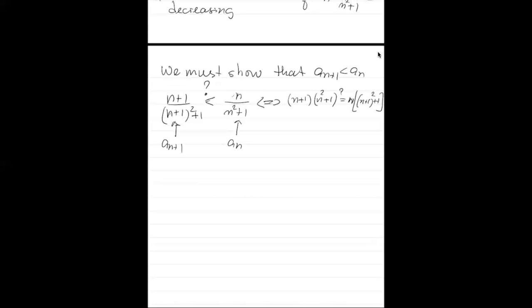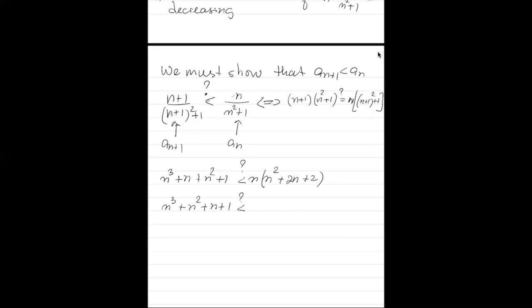Now we're going to FOIL. We have n plus 1 times n squared plus 1, which is n to the third plus n squared plus n plus 1.